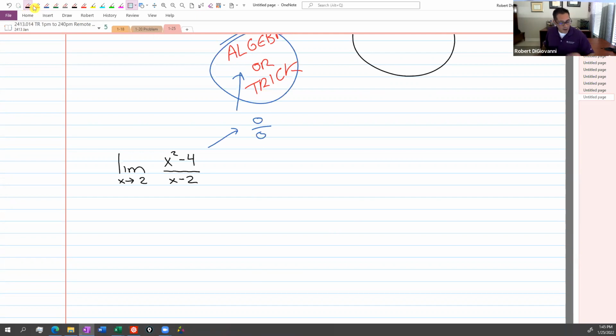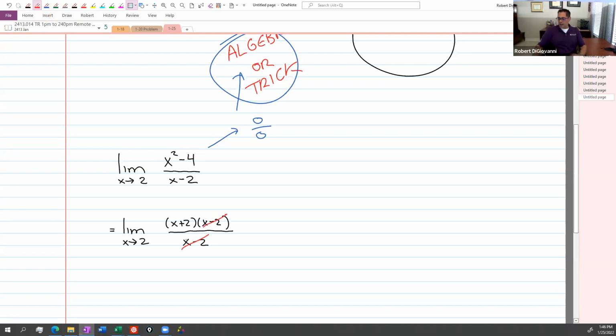I see something I recognize from my good old days in college algebra: the numerator is a difference of squares. x squared minus 4 can be written as x plus 2 times x minus 2. And the denominator is x minus 2. That's just algebra. And x minus 2 is a common factor, so you're allowed to cancel this.